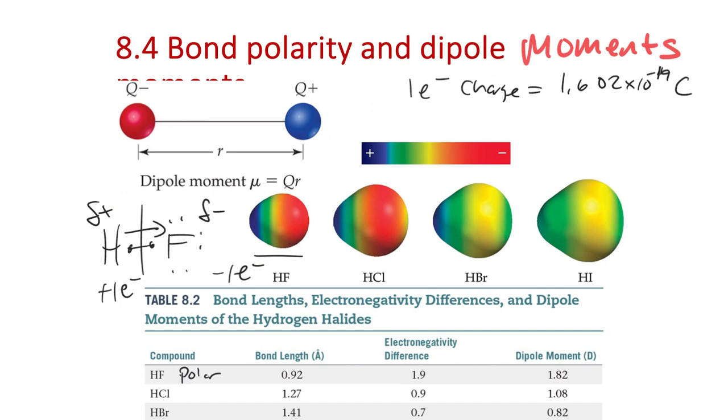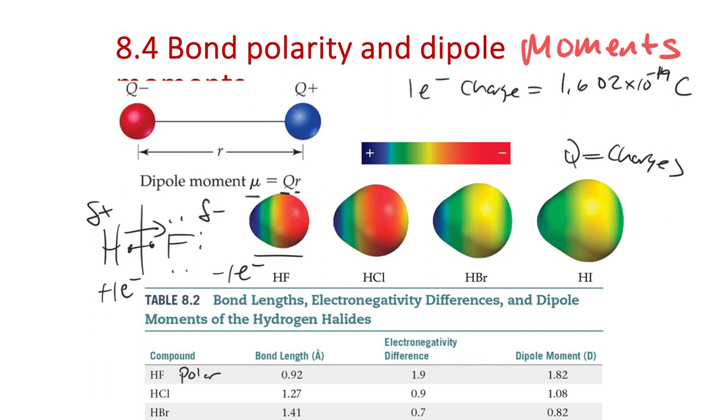If we look at what a dipole moment is, a dipole moment is a measure of charge separation. So it's a measure of what the charges are and what the distance is, what the bond length is that they're being separated by. So Q is the charges.